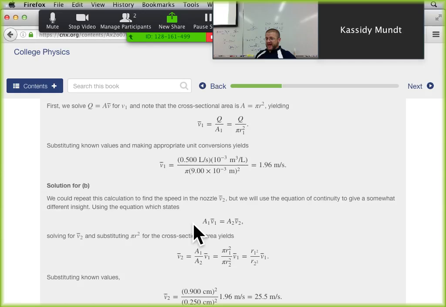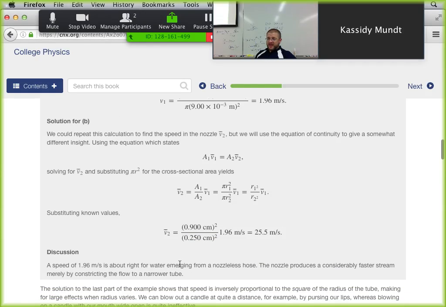We have area 1 and velocity 1, and we have area 2. We plug in those numbers, and we get velocity 2 equaling 25.5 meters per second. So you put a nozzle on that constricts the area by a factor of 1/4, and you get a little more than 10 times the speed coming out.